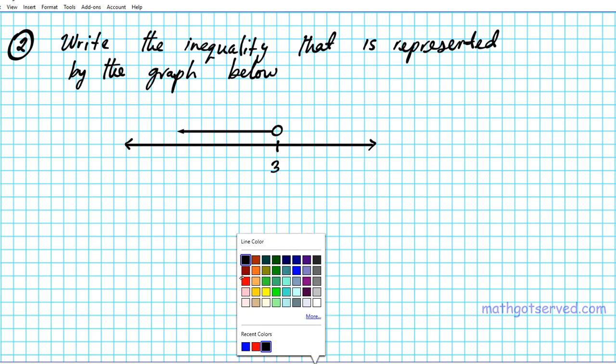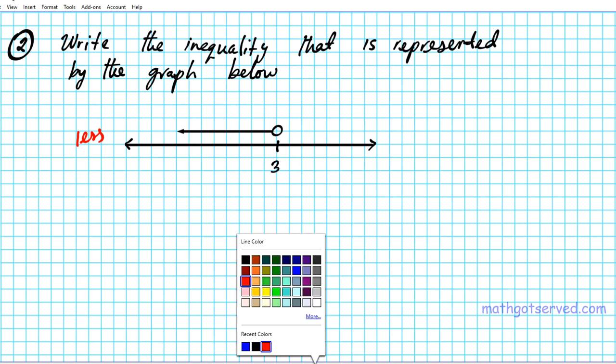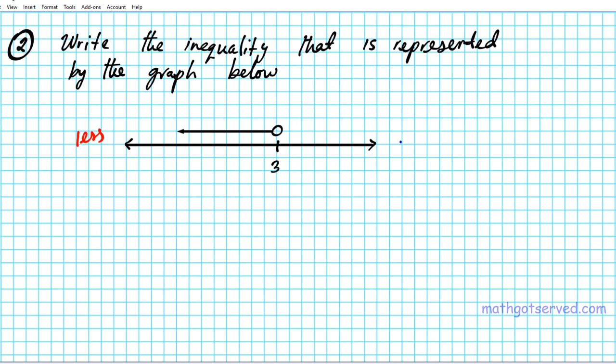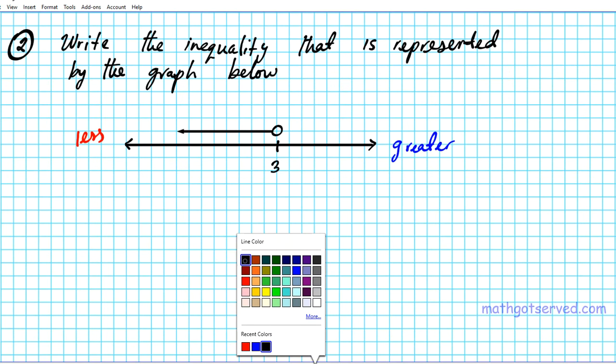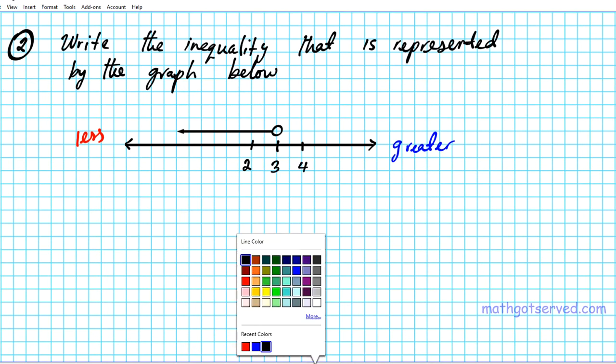We know that on the left side is less, and on the right side is greater. Because if you put numbers on it, what happens to the numbers on the number line? If you go to the left, it becomes 2. You know, it's getting smaller, and this is 4. It's getting greater, right? So since it's pointing to the left, we're going to be using the inequality less than.